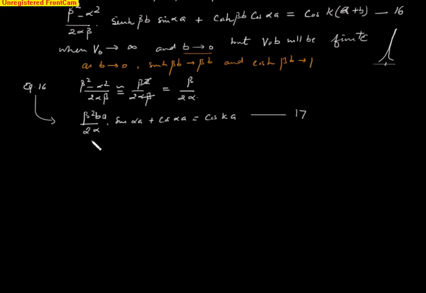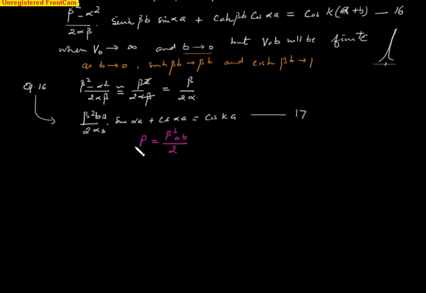So from this equation we can write a new value, that is p, equal to beta square ab divided by 2.